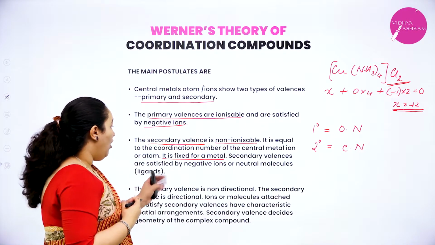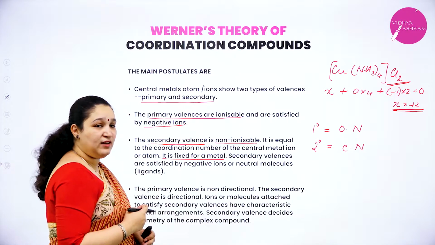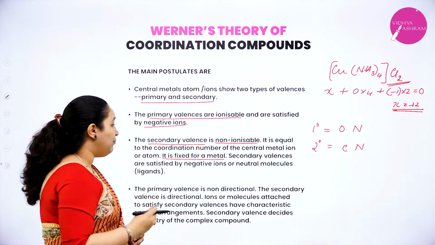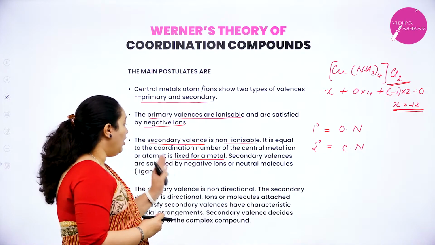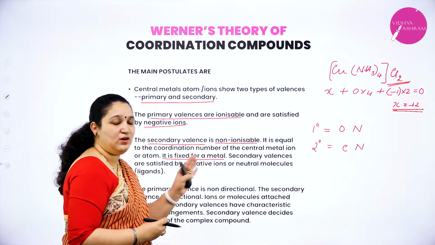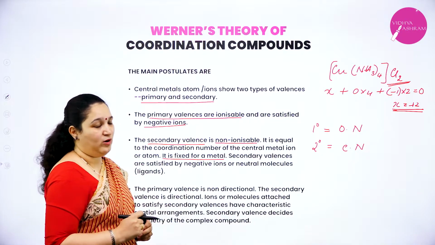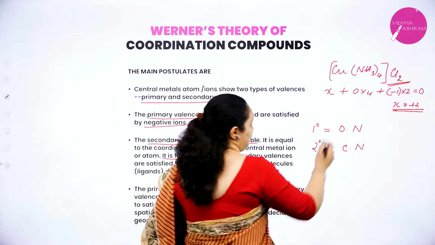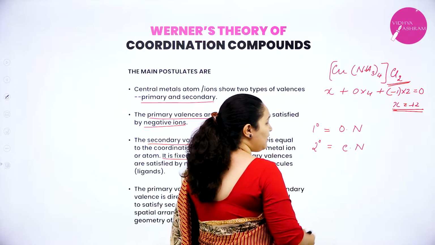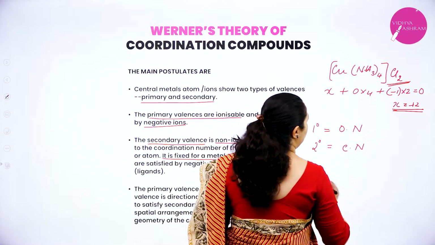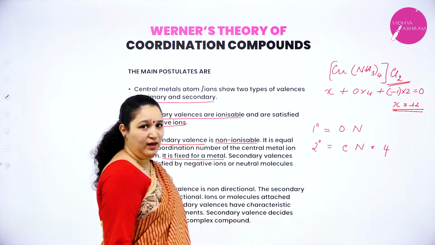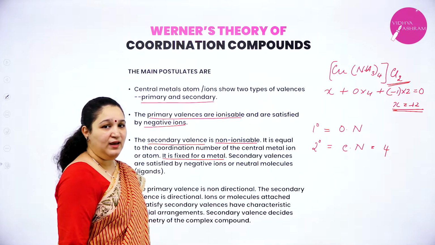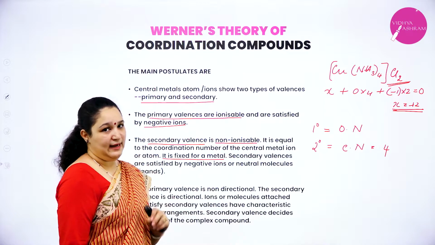Also, the secondary valency is nothing but the number of coordinate bonds or coordination number of the metal ion. Here in this case, the coordination number for copper is 4, which is satisfied by 4 ligands.